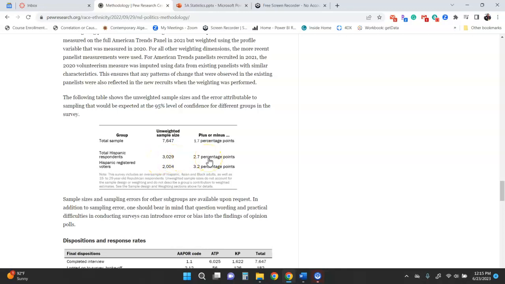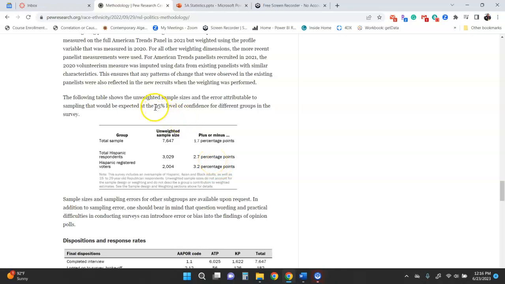That margin of error is a little bit higher. And so we can make projections based on the Hispanic population. We can make inferences about the total U.S. adult population versus the U.S. Hispanic population versus the U.S. Hispanic registered voter population. But notice that we are getting larger and larger margins of error here.